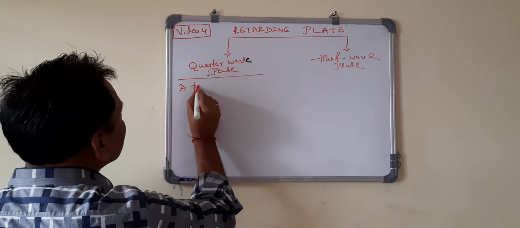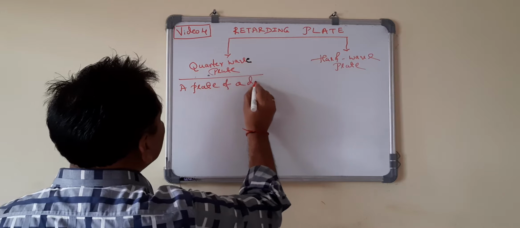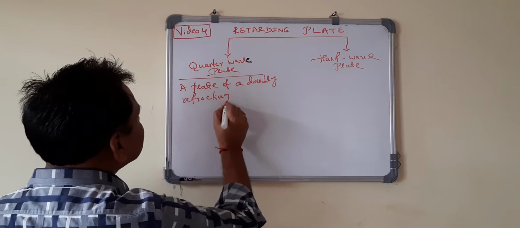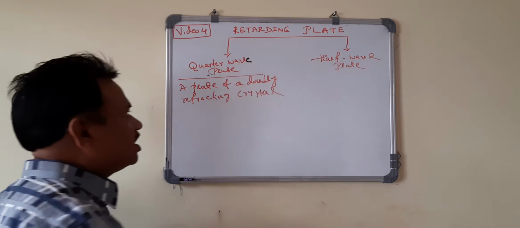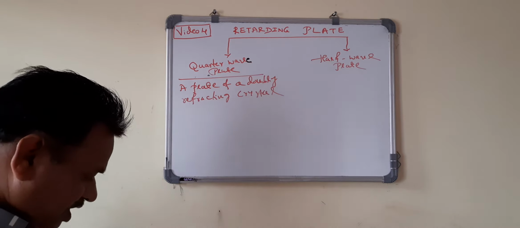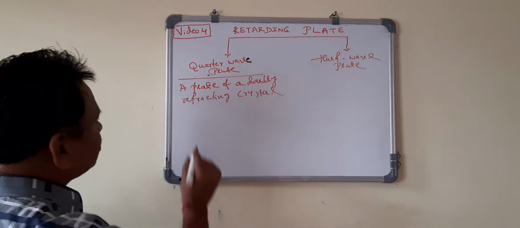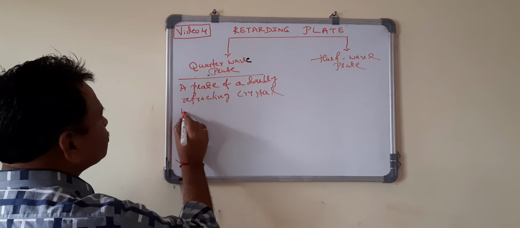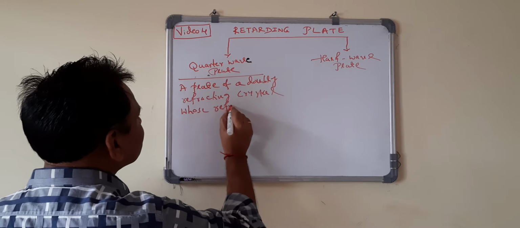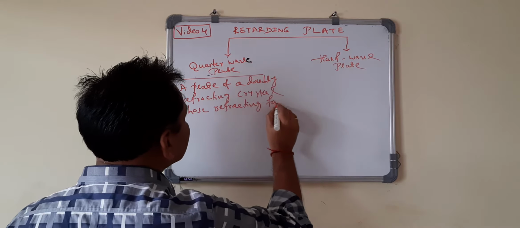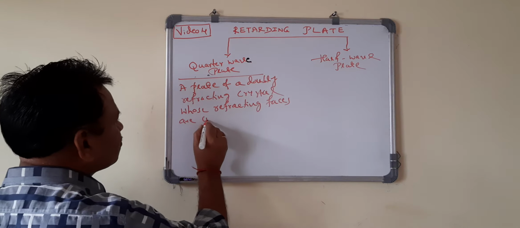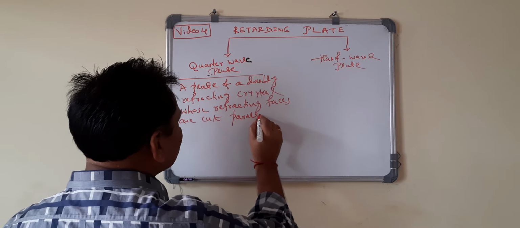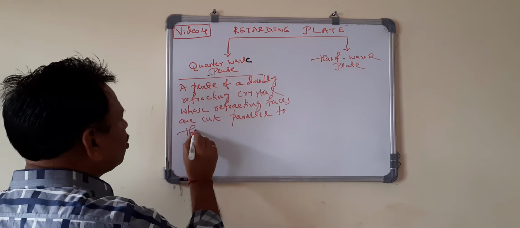A plate of a doubly refracting crystal, whose refracting faces, this is one face and this is another face, are cut parallel to the optic axis.